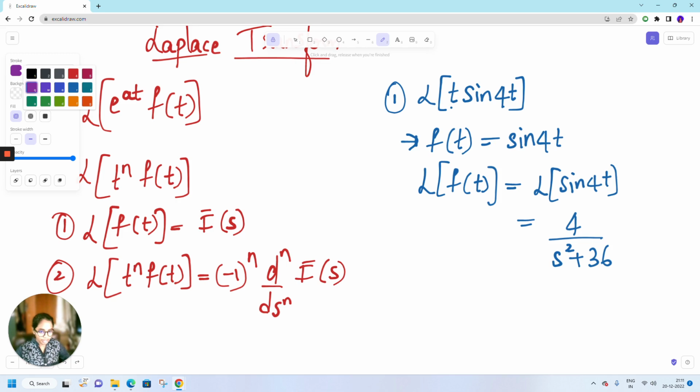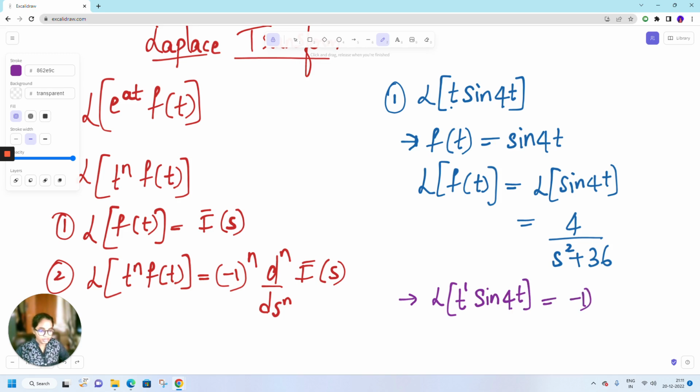Now, for the second step, Laplace of t power 1 into f of t, that is sine 4t, is equal to minus 1 to the power n, and in our question n is 1.